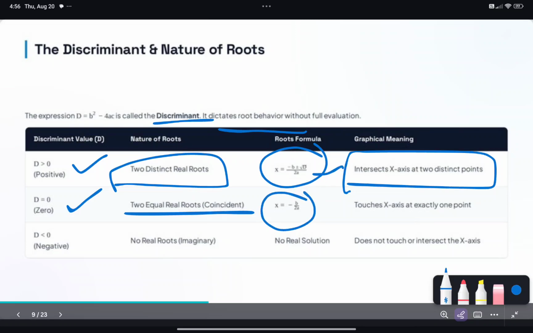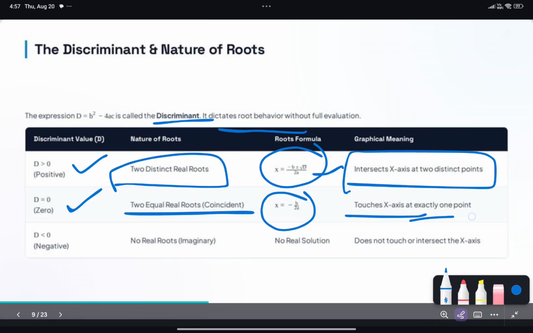You can go with this simple formula, no problem, because the two roots are the same. In the quadratic equation, you know the b value and the a value. Substitute those values, then you'll get the root. First we have to check with the discriminant. If it is equal to 0, we use this one.